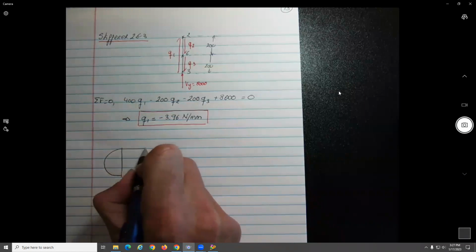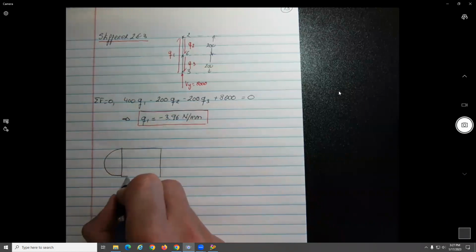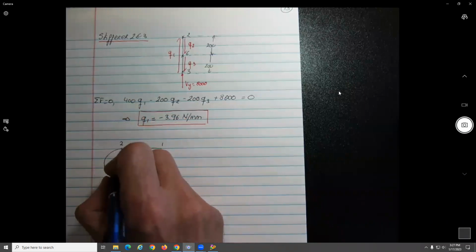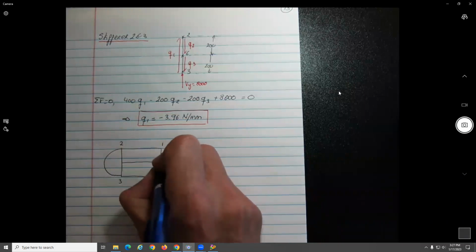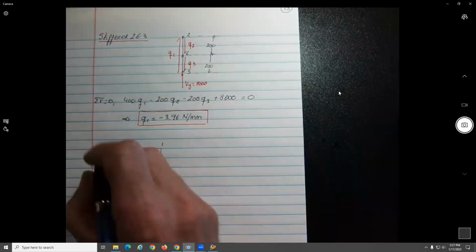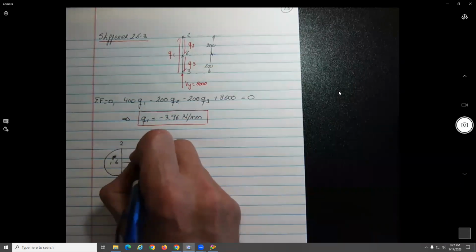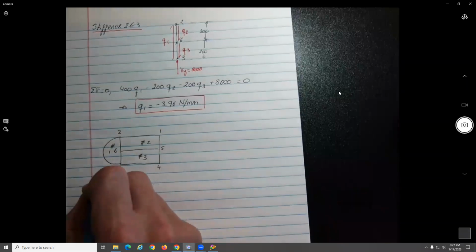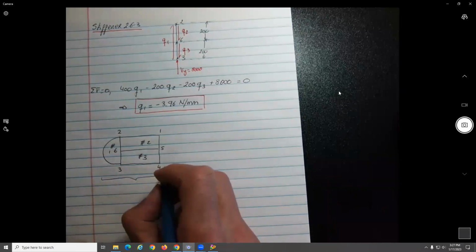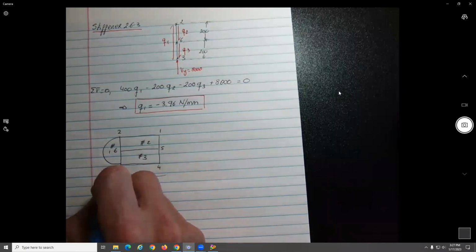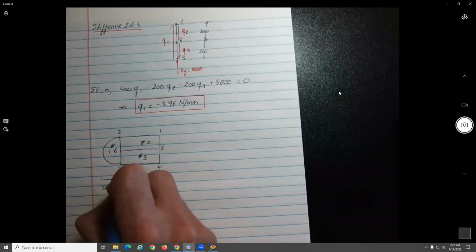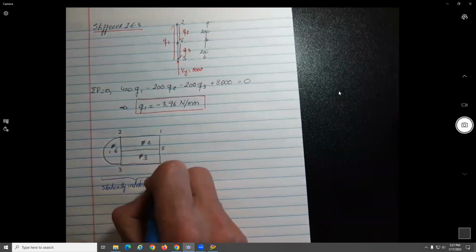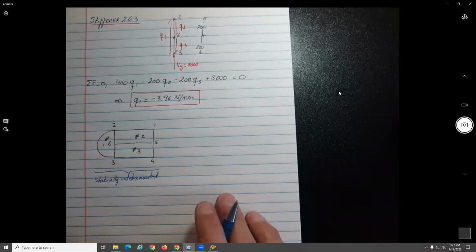That was this problem over here, with members 1, 2, 3, 4, 5, 6 and panel 0, panel 1, panel 2, panel 3. That is statically indeterminate.